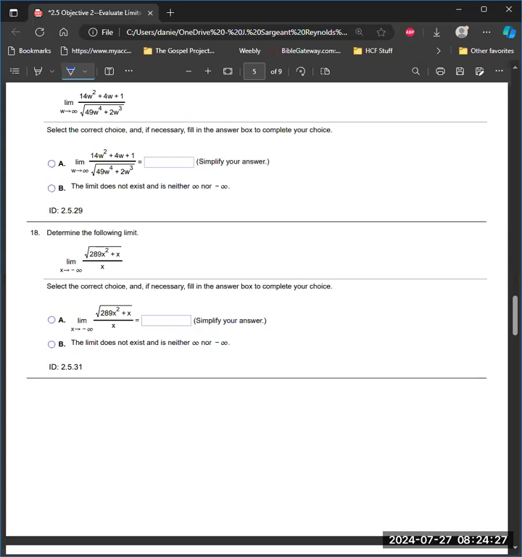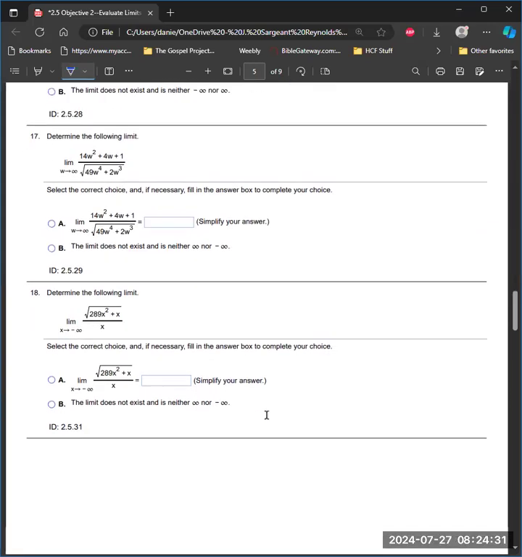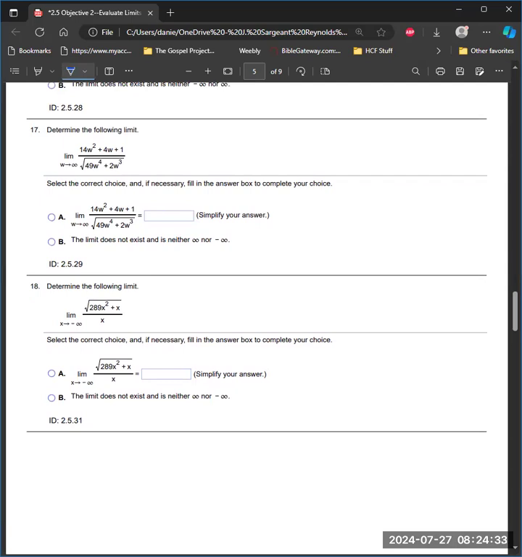All right, now we get some more interesting problems that have square roots in them. So watch out for the fact that we need to be aware of the fact that that equals that and that equals that.